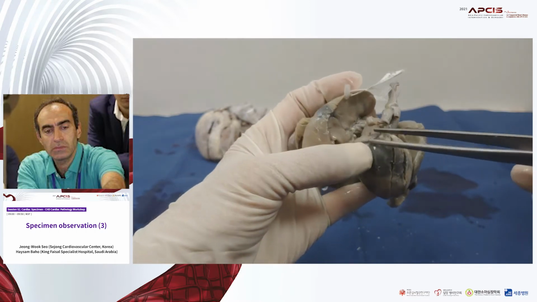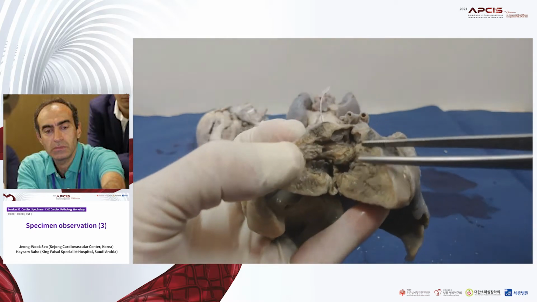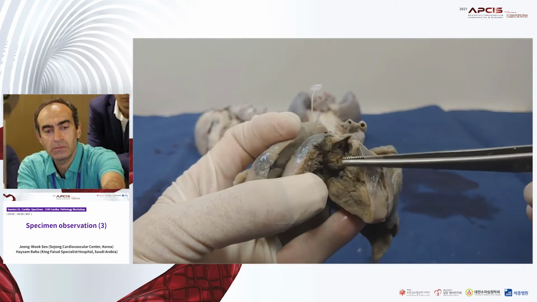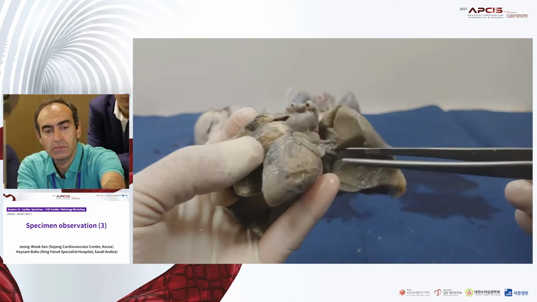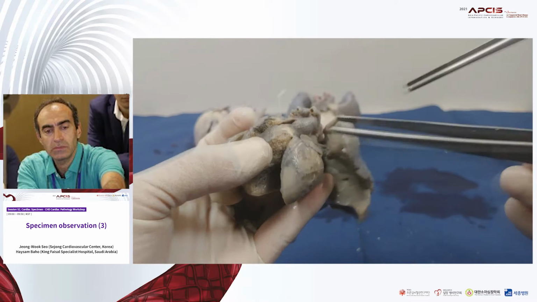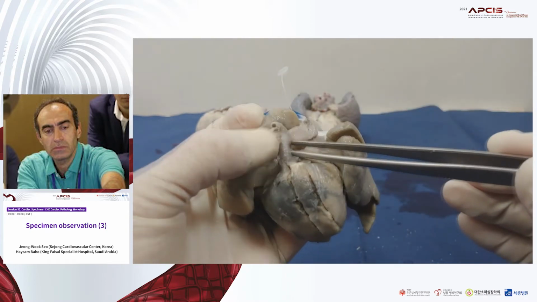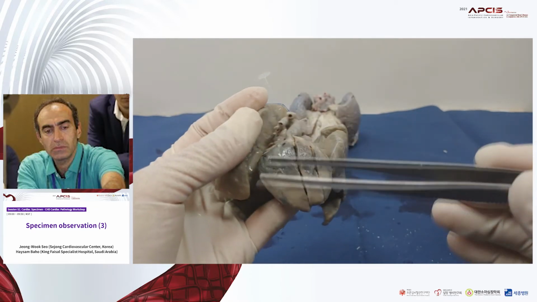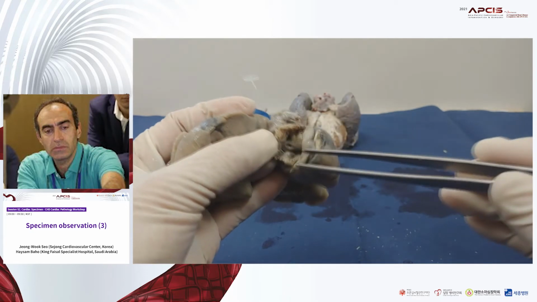So the situation is the systemic venous return comes back to the right ventricle, to the aorta, this way, and then the pulmonary venous return comes from the lungs to the left atrium, to the left ventricle, and to the pulmonary artery this way. So the 2 circulations, instead of being in series, are in parallel and not mixing.